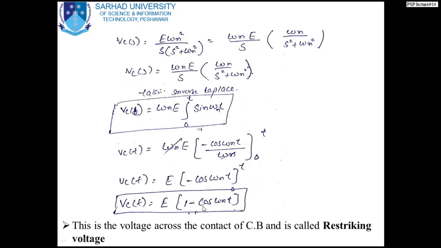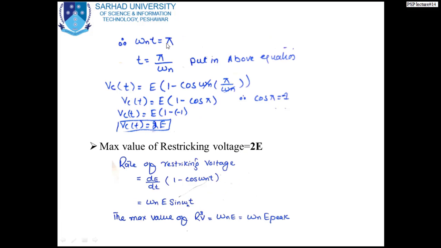It will be E into 1 plus 1, which is 2E. Therefore the angle at which cosine omega n t is minus 1 is pi, because the cosine of pi is equal to minus 1, right?